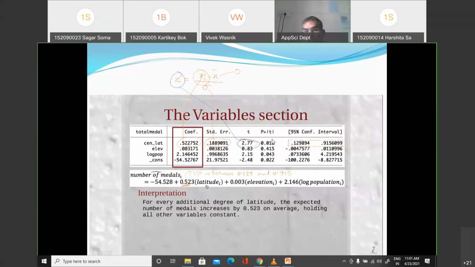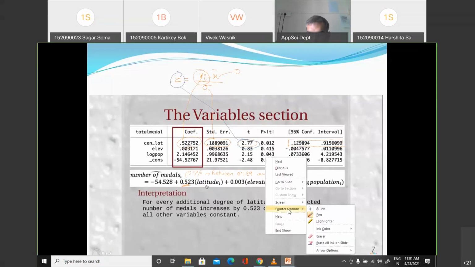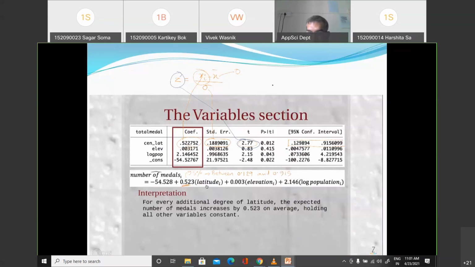And I hope you understand what is p-value. p-value was defined in hypothesis testing. If not, then we left out something important. So it is just a matter of definition.